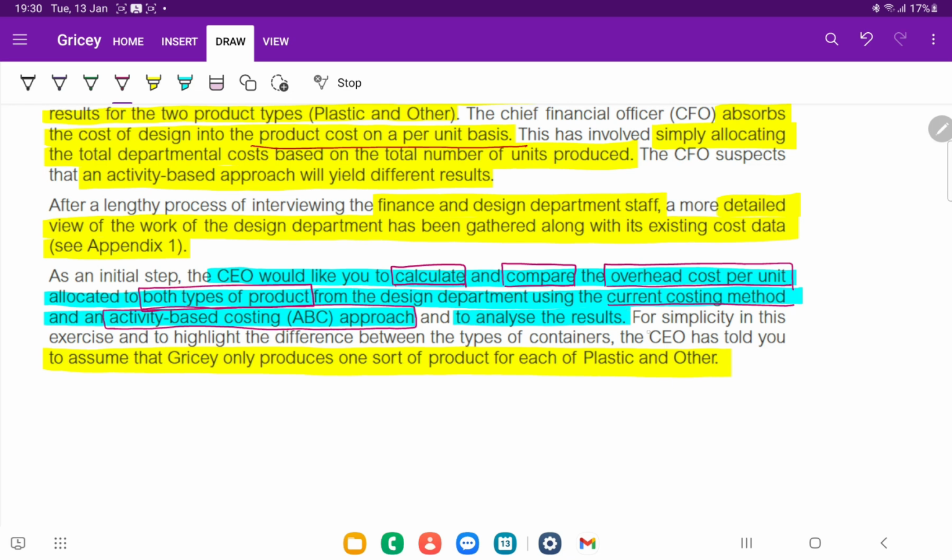So till now what you have to do: you have to calculate overhead per unit by using the current method. You have to calculate overhead per unit by using activity based costing, and then you have to compare both, right?